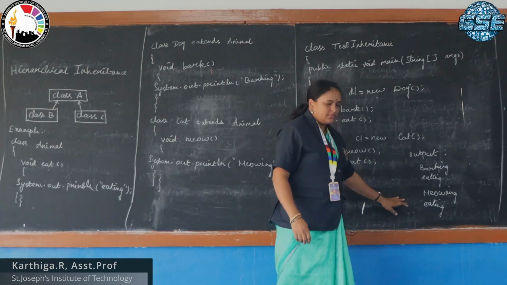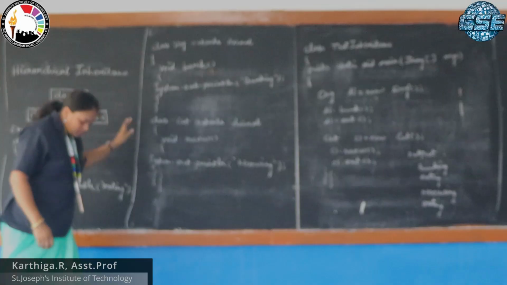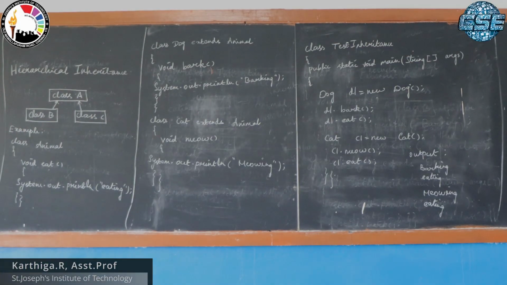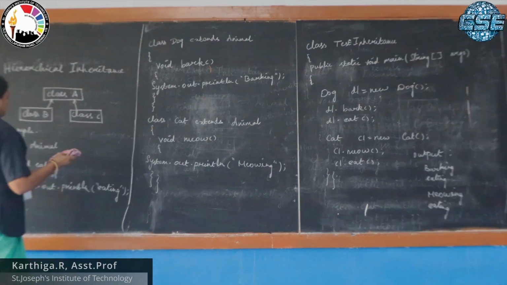So this will be the output for hierarchical inheritance. So next I am going to explain about multiple inheritance.